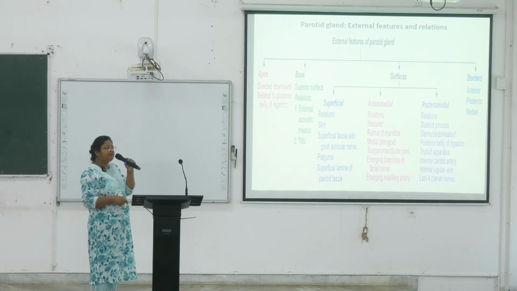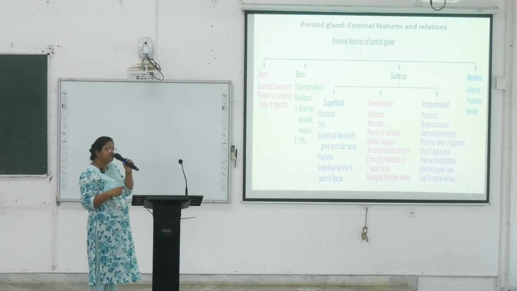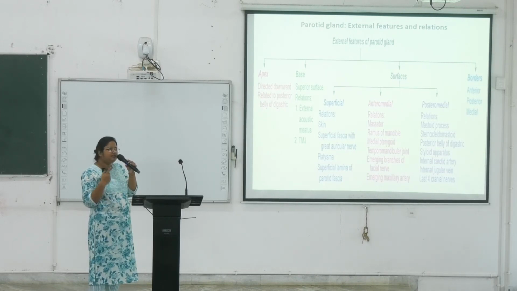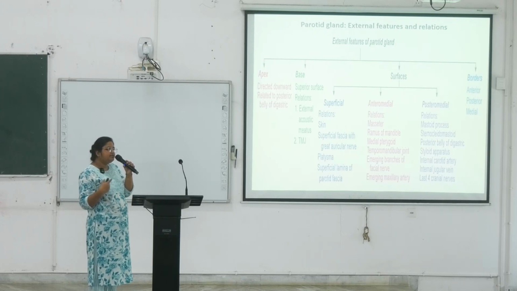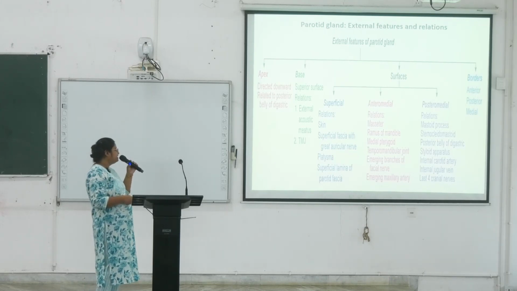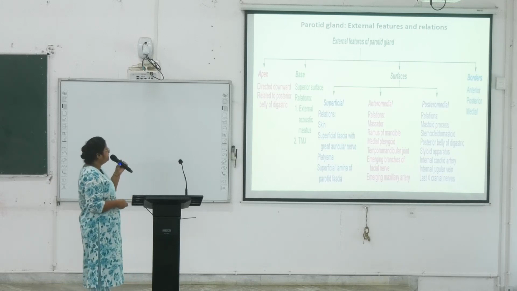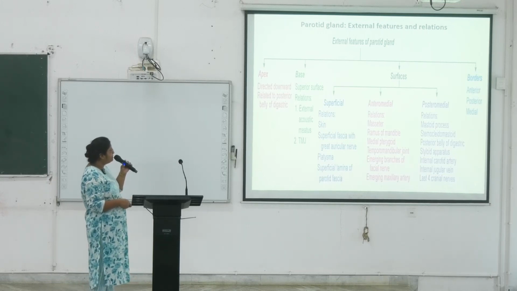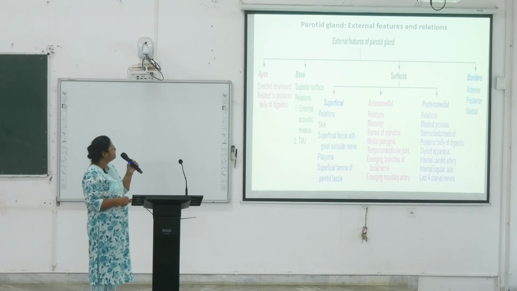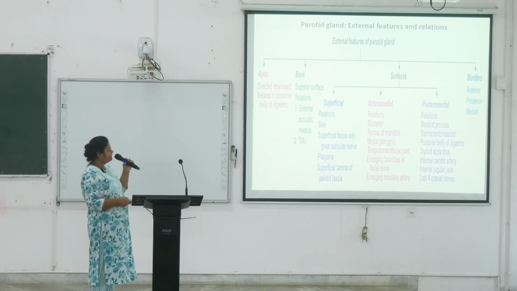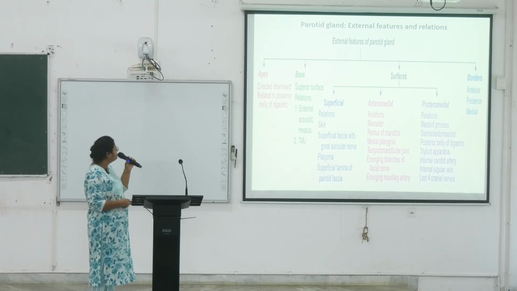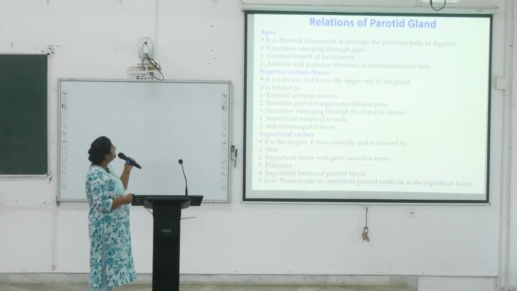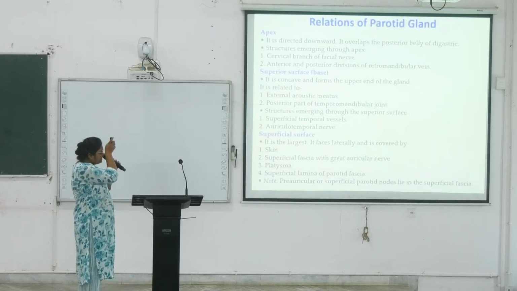What is the styloid apparatus? These are the muscles, ligaments, and different nerves related to the styloid process. And internal carotid artery, internal jugular vein, and last four cranial nerves. Borders are anterior, posterior, and medial. We have seen in the previous picture. Now we discuss their parts in detail.